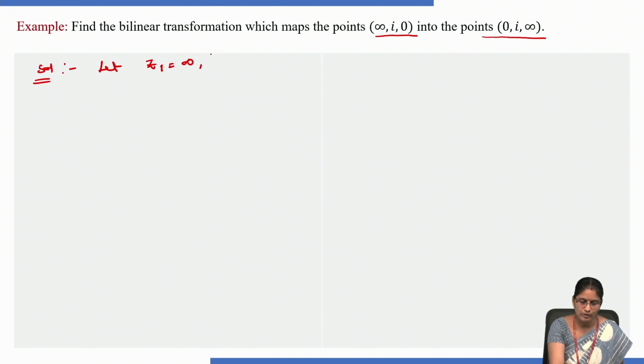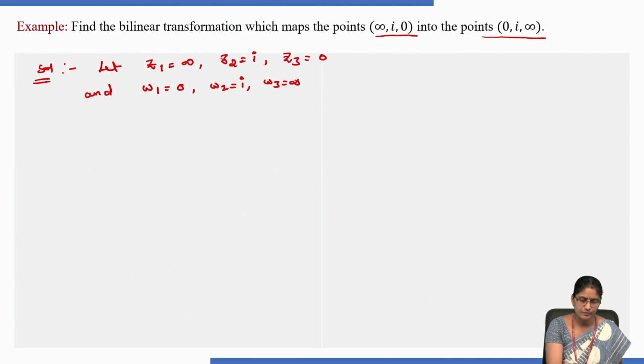First we have to note down the given points. Z1 is infinity, z2 is i, z3 is equal to 0, and w1 is equal to 0, w2 is equal to i, w3 is equal to infinity.